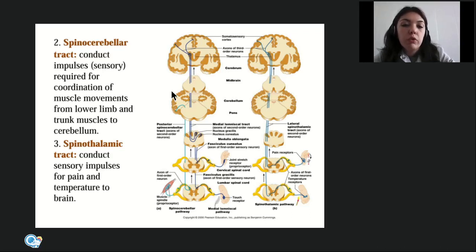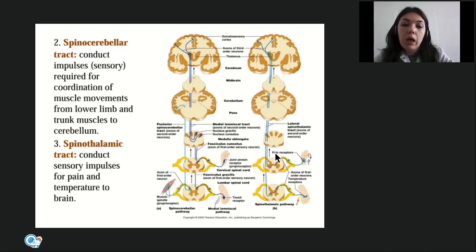The body of the first order neuron is located in the dorsal root ganglion, then the body of the second order neuron is located in the posterior horn, then the axons of the second order neuron decussate. For the lateral spinothalamic tract, they move in the lateral funiculus of the spinal cord, and for the anterior spinothalamic tract, they move in the anterior funiculus.